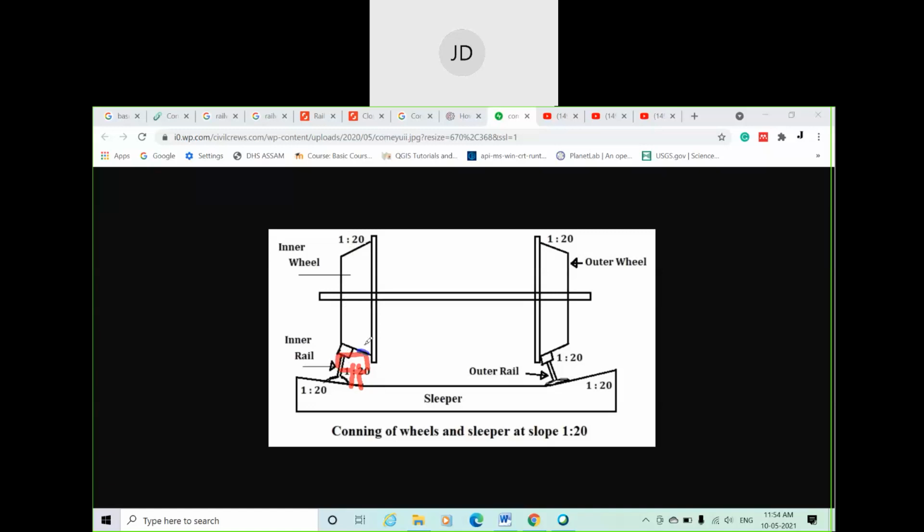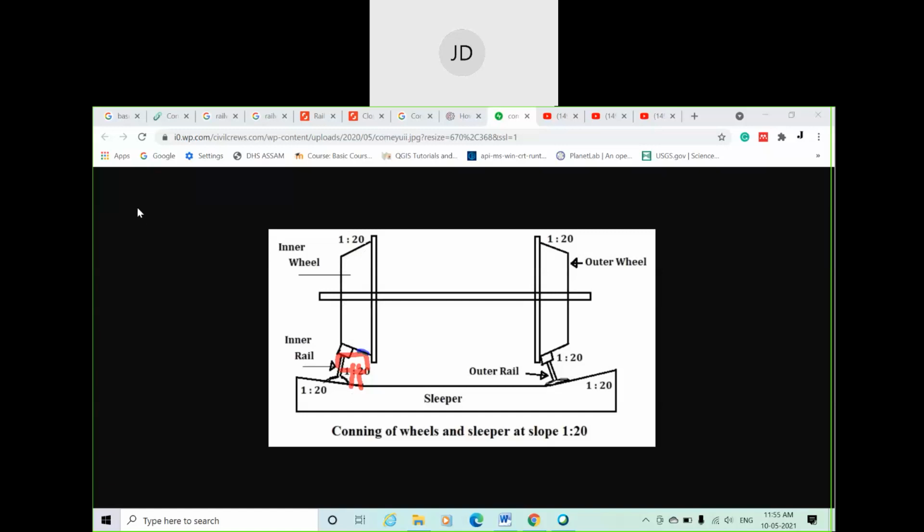The whole stress is taken by this part only, and the area of the point is very small, isn't it? Now, to reduce the failure because of the coning of wheel, so it is to reduce disadvantages like wear and tear, that means the failure of rail and failure of sleeper.